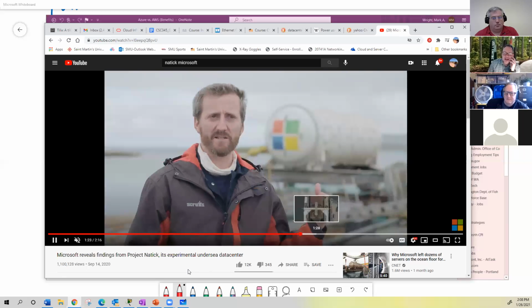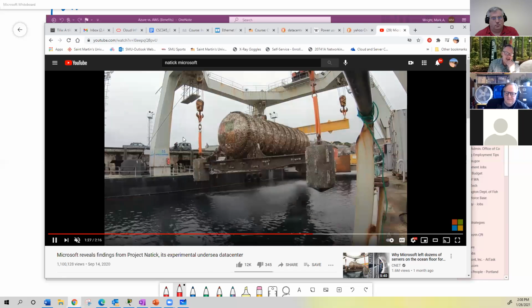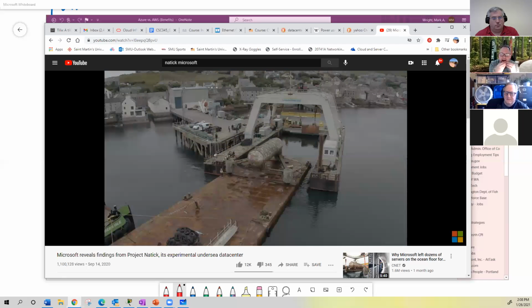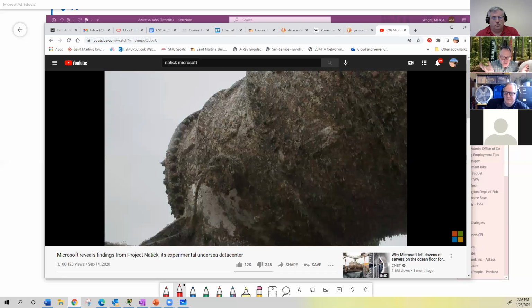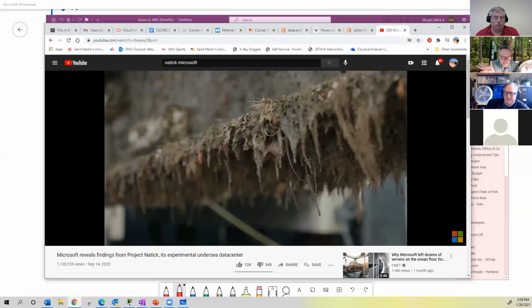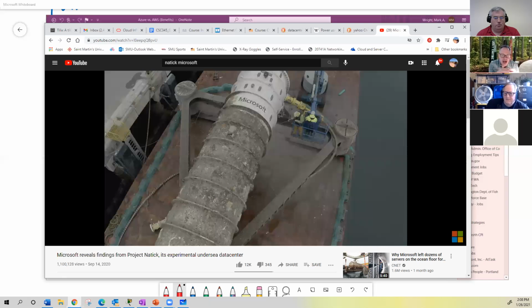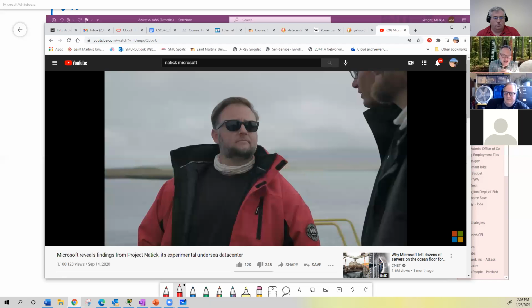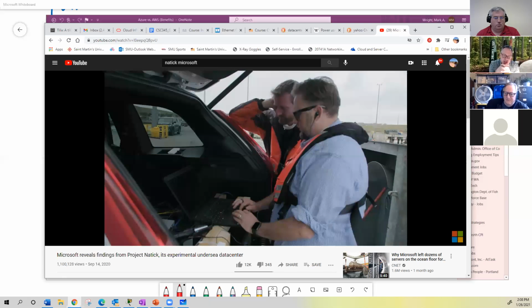The idea here was that you could drop this portable data center into the water, because what is it, 90% of the world's population is by the ocean. So you could drop a data center right by a population center and have immediate access to compute power.